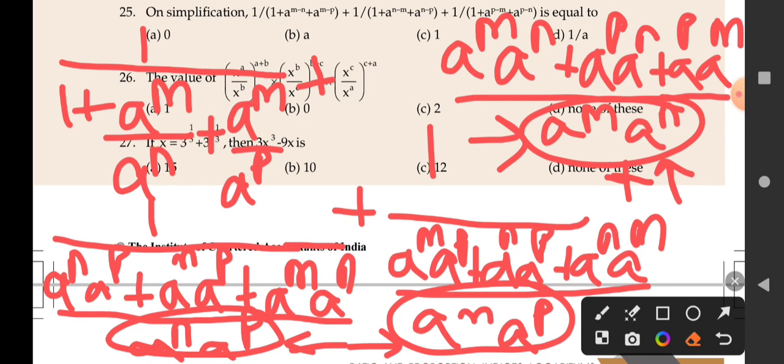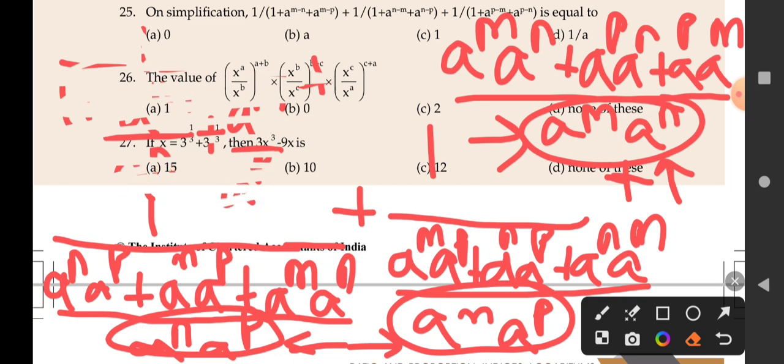So what do you get? Let me erase this part so that I can write it over here, and I don't have to clean the board. What do we have now?